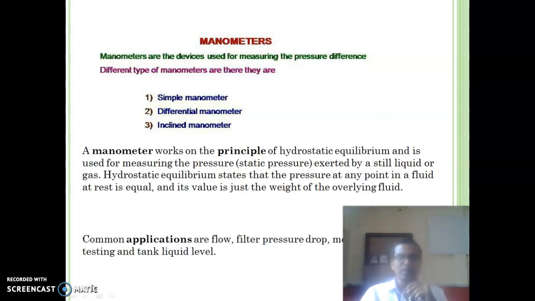The common applications of this manometer are flow measurement, filter pressure drop, meter calibrations, leak testing, and tank liquid level. So we can use these various manometers for these purposes.